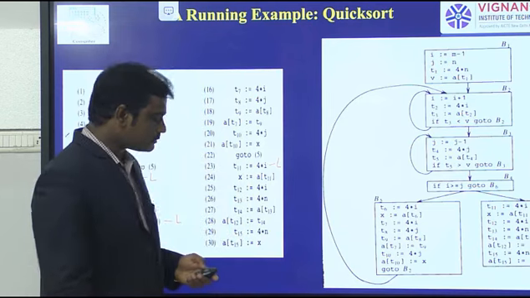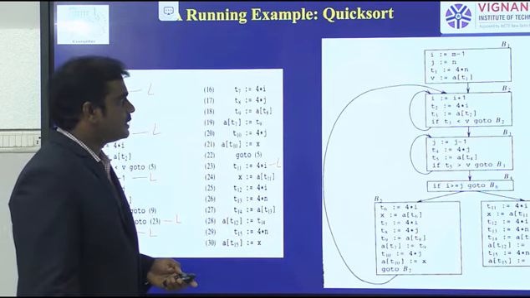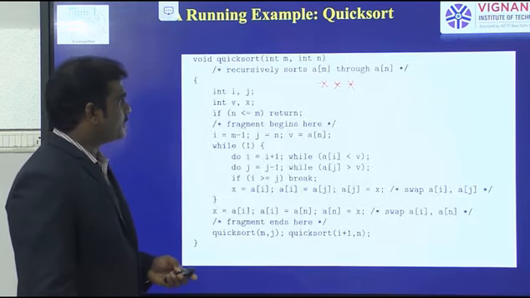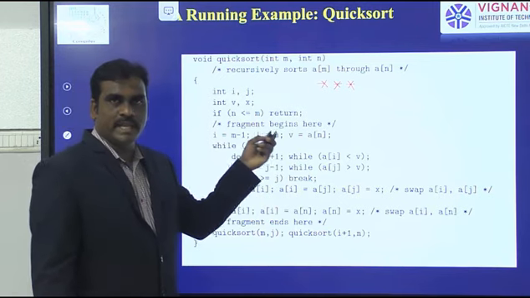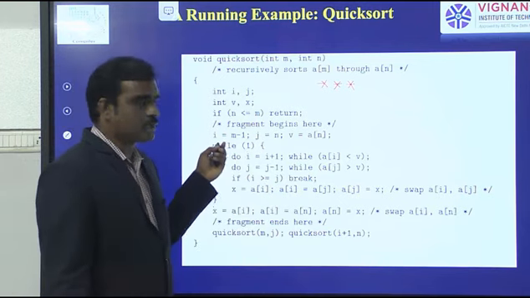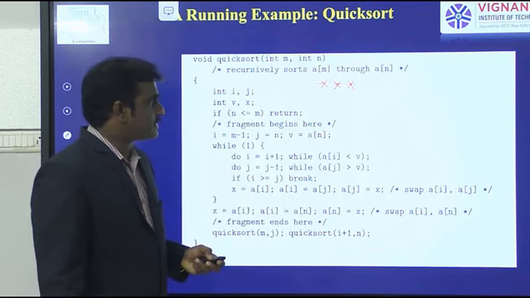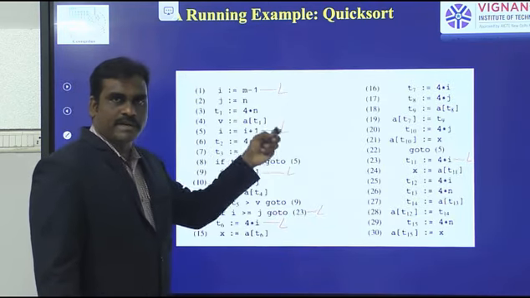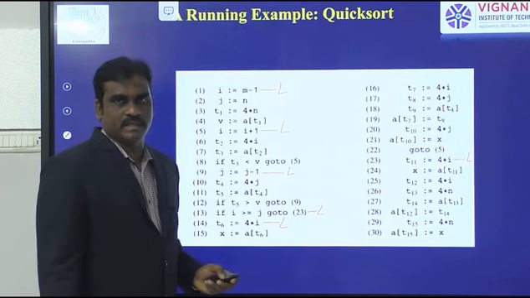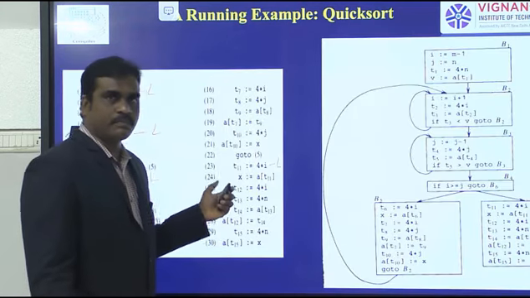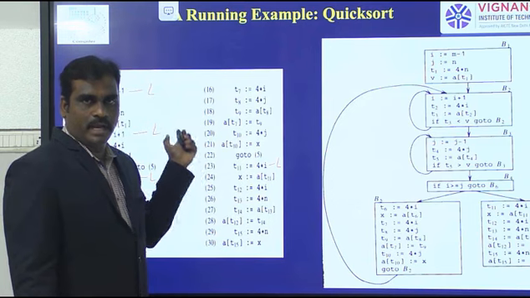Okay. So here the first one is, the input is the program, the Quicksort code. Our first step is to write the 3-address statements. Next one, identify the leaders.